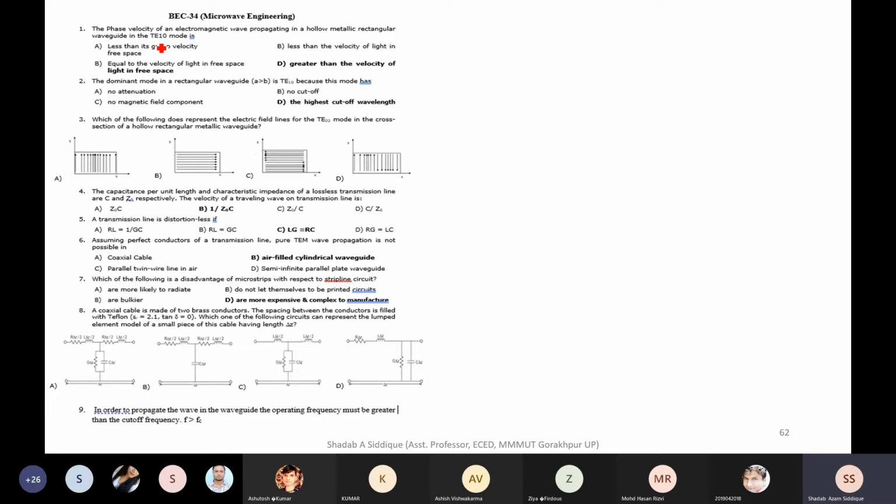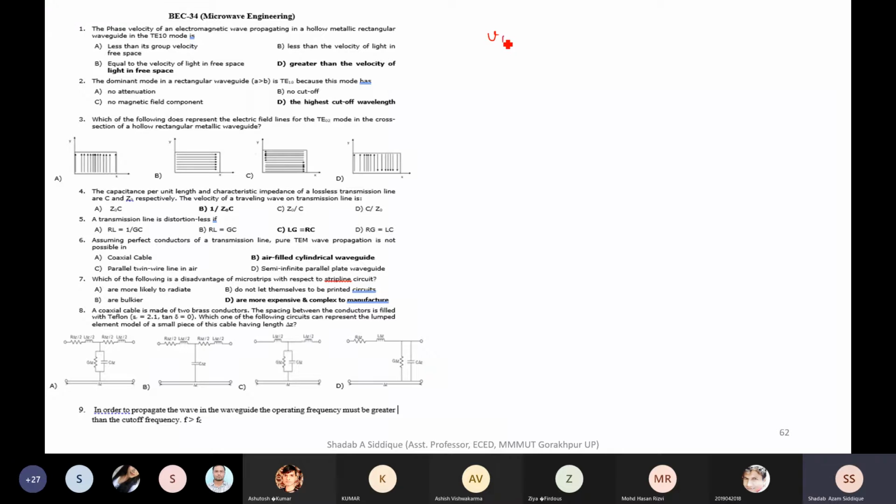The first problem given here: the phase velocity of an electromagnetic wave propagating in a hollow metallic rectangular waveguide. So we have a waveguide, and they asked what is the phase velocity.